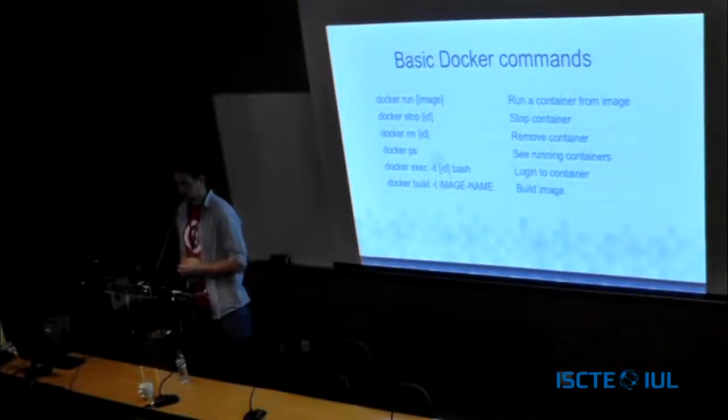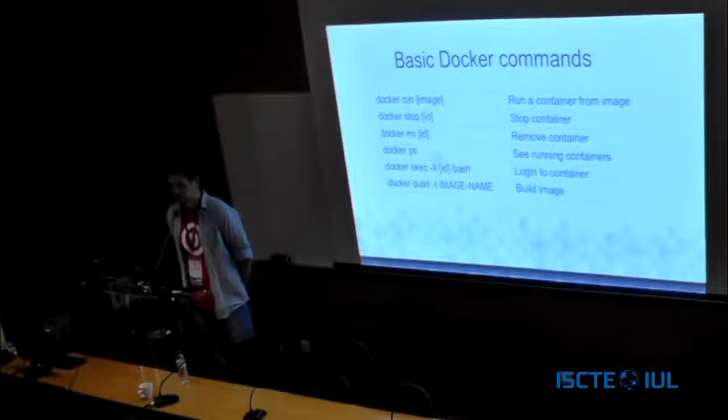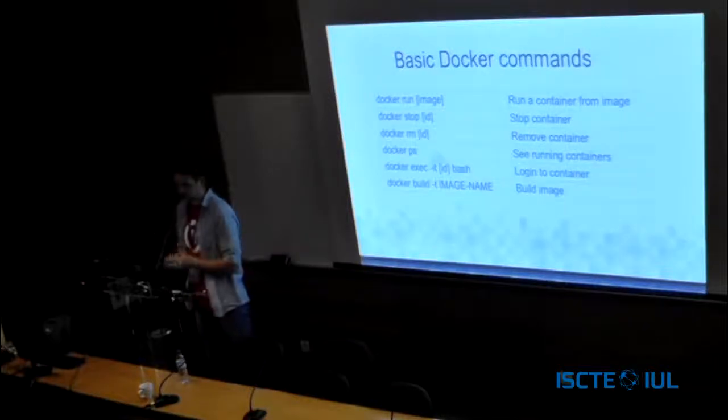Docker rm removes a container by ID, and docker ps, which is Docker processes, shows you all the running containers which you have locally. It's really useful. You will use it often. And the next two commands I will show you in an example in a demo later. This is how you log in to a container and how you build an image.